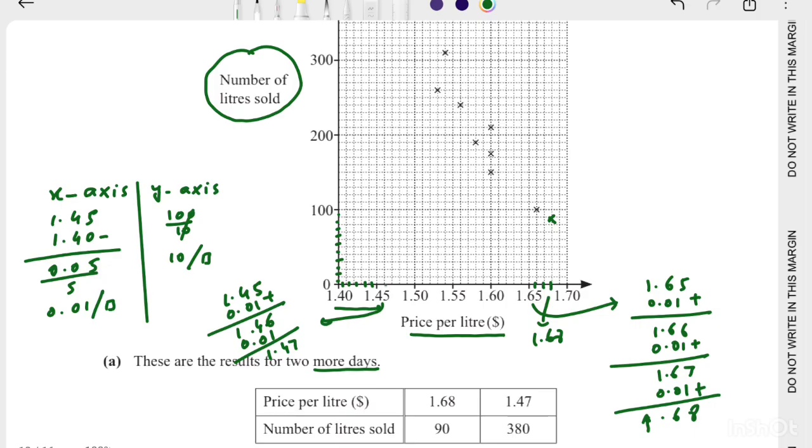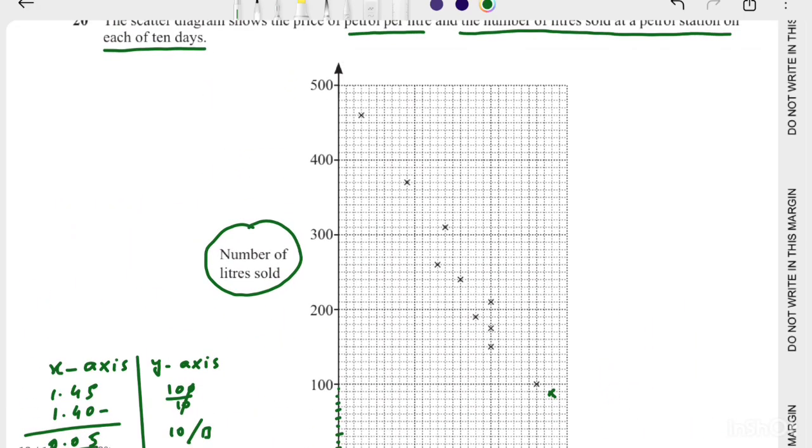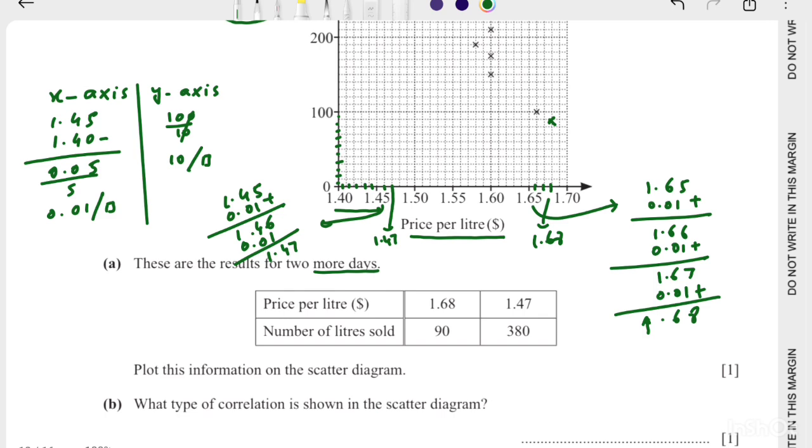So 1.47 would be here, and the number of liters 380, we have to see where 380 comes, so it would be here. Yes, this is the right position. So this part is done.